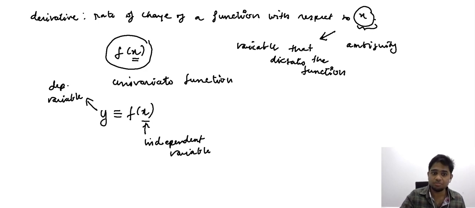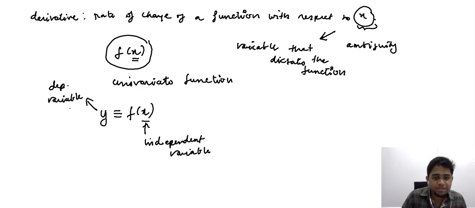It is also possible for us to get rid of a dependent variable and have a similar expression such as these. However, in this case, we have a univariate function, a function that is dependent on a single variable, and we have related that function to a given variable, which we refer to as the dependent variable, so that we are able to distinguish a dependent variable from the independent variable.